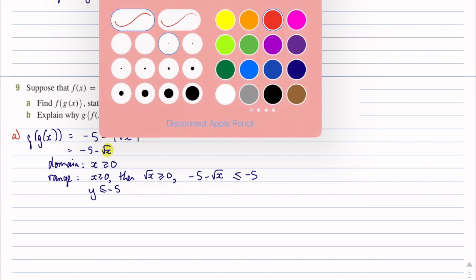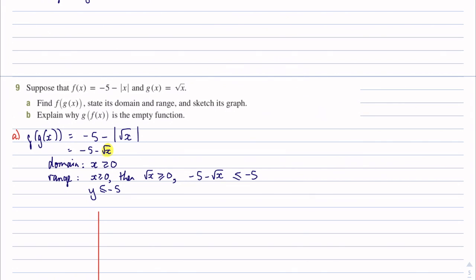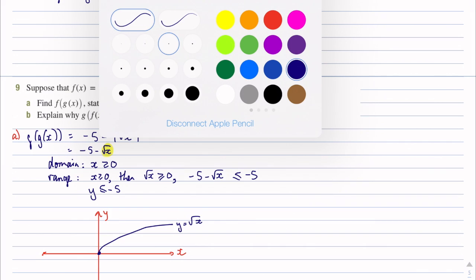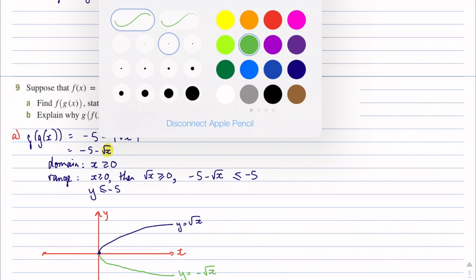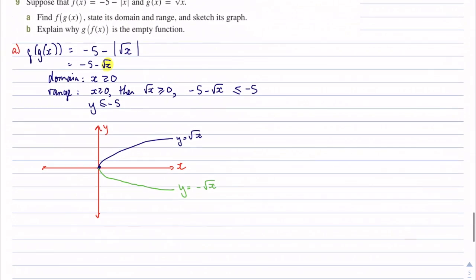And if we sketch it, y against x. Now, if I sketch the normal root x, and if I now sketch negative root x, and then what we've actually got is negative 5 take root x, which means we've been moved down 5.